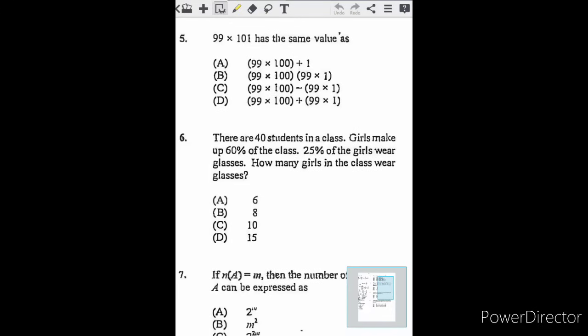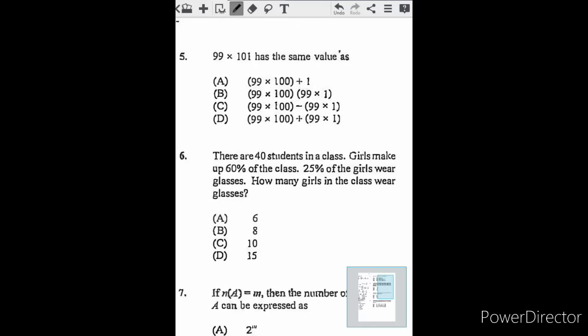Question number 5. We have 99 multiplied by 101 has the same value as... When you're multiplying a number, for instance, 2 multiplied by 3, we know that is 6.